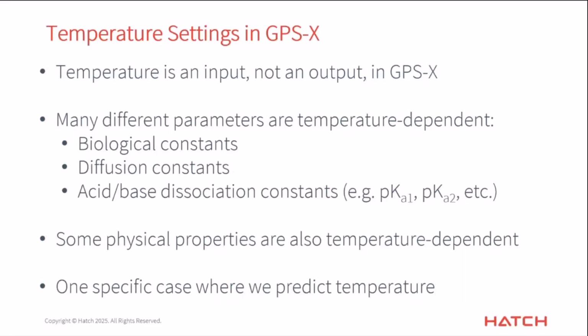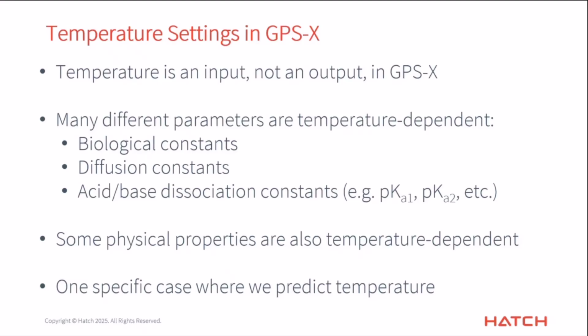Many of the input parameters that are used in the biological and chemical reactions are temperature dependent, meaning that whatever number you enter into the software gets subsequently corrected or adjusted for temperature as well. Some of those you can see here: the biological constants, which I'm going to talk about in a moment, diffusion constants, and the acid-base dissociation constants.